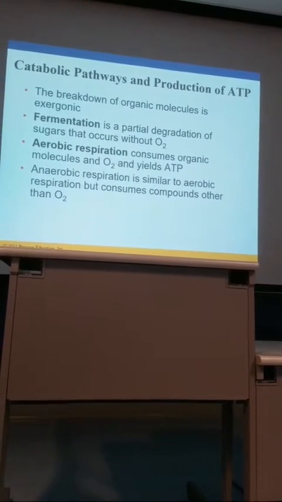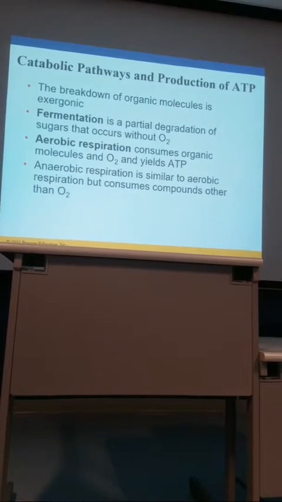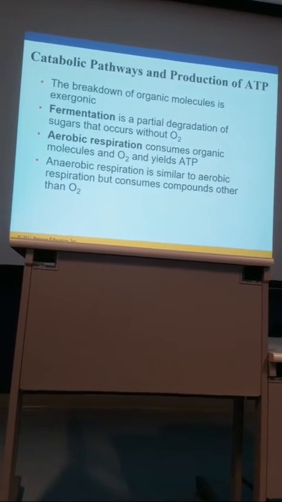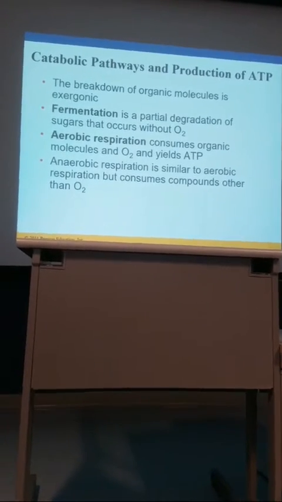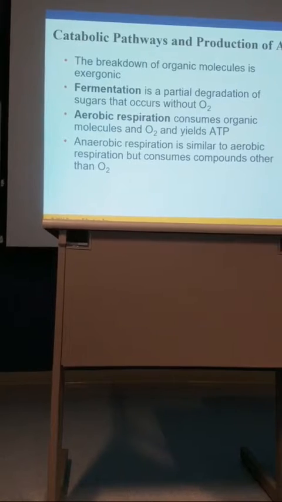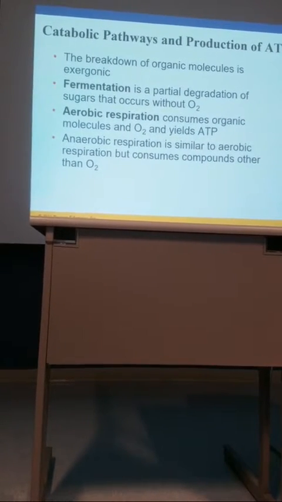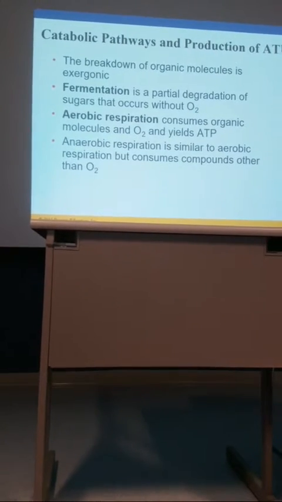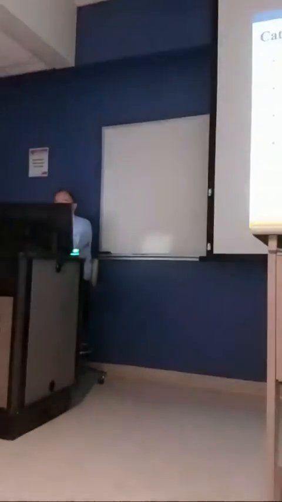That's mainly going to be smaller organisms. And aerobic respiration uses oxygen. There are some organisms, certain bacteria in fact, that require no oxygen in their environment. They go through anaerobic respiration.